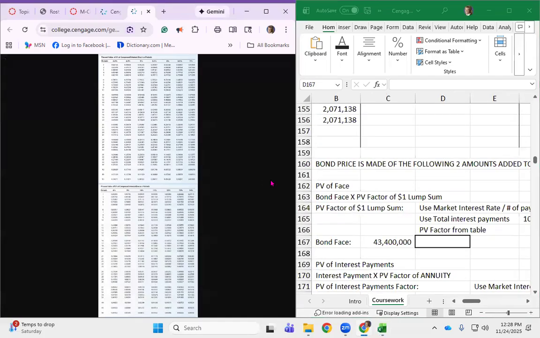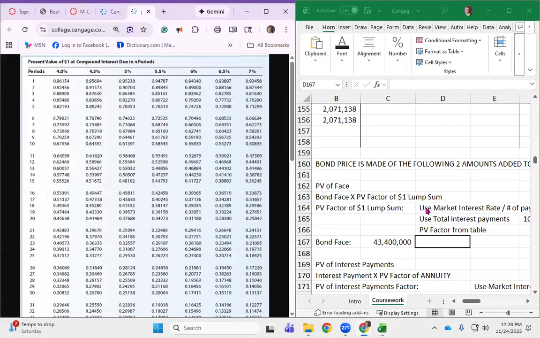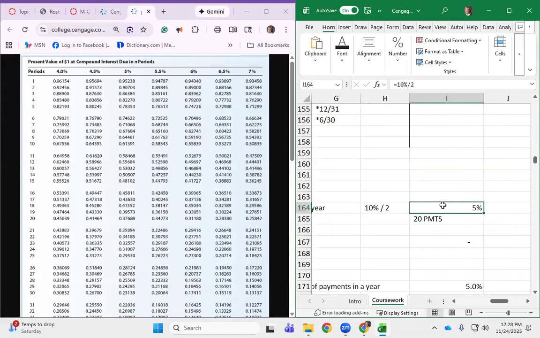Okay, this table. So here we are. My market rate of interest is 10. So 10 divided by 2, I'm going to look in the column under 5%. You're going to look under 6%, Haley. And Monty, you're going to look under 7% of this table.